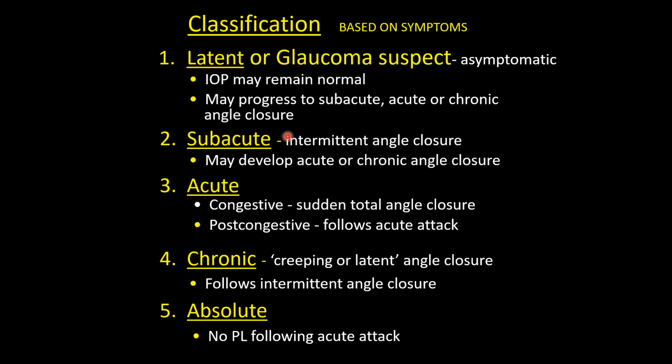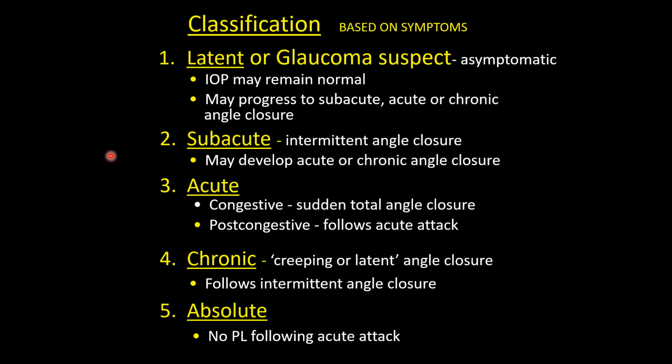Second is intermittent angle glaucoma. As I told you, if the patient is in a situation of dim light, meaning in the evening he comes back, switches off the light and starts watching TV, the pupils are in a mid-dilated position. In the mid-dilated position, there can be a block at the pupillary level, and there can be a rise in intraocular pressure.